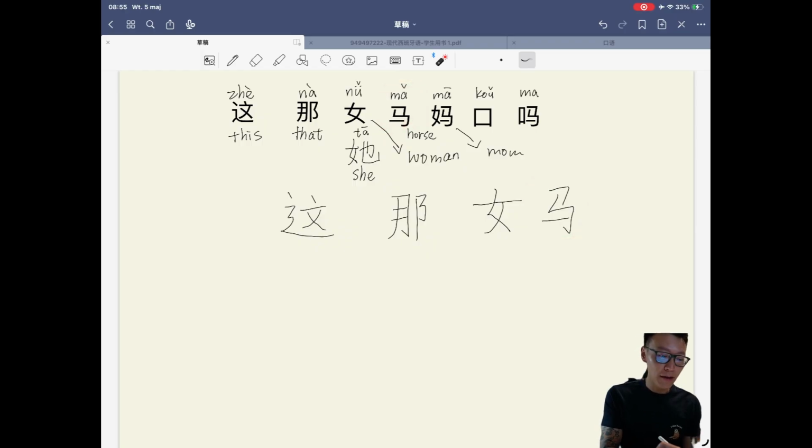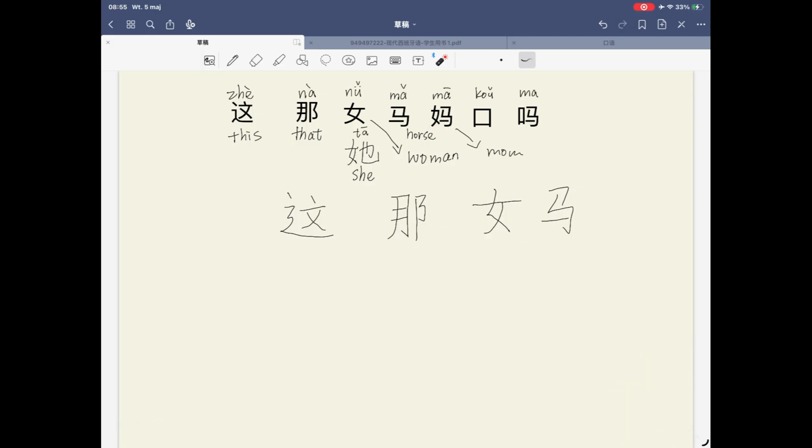Because ma as mother has 2 parts. On the left side is character 女. On the right side is the character ma. And we put these 2 parts together and we have a new character. And it's ma, which means mother.